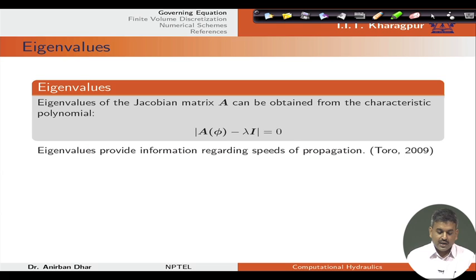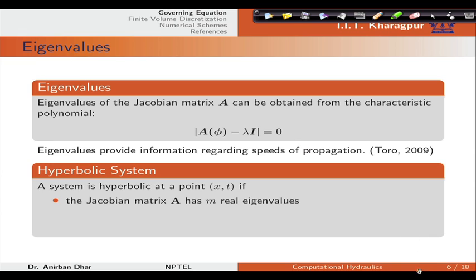The eigenvalues provide information regarding the speed of propagation, and propagation of information from one side to another.